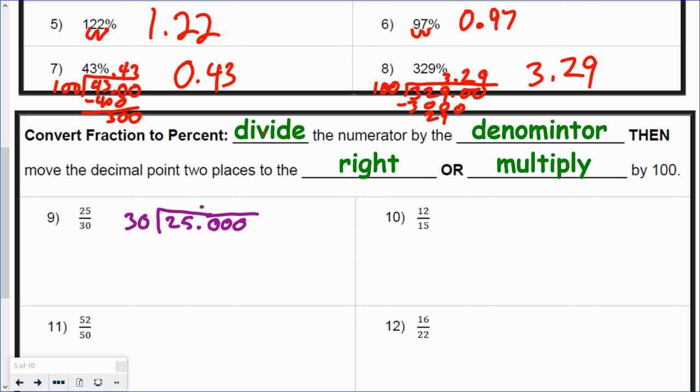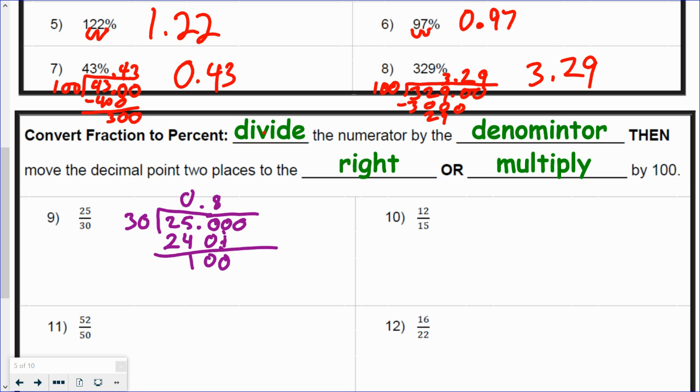So what we have to do then is put a 0 because 30 can't go into that. Now I'm looking, can 30 go into 250? Okay. Well, it can. So then that is 8 times, because 8 times 3 is 24, and add a 0, we get 240. So we have 10 left over, and bring down your 0.